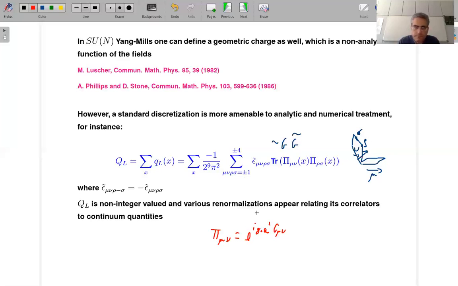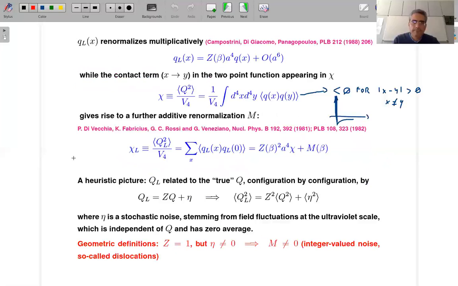Thank you. I also have a quick question more related to the first part of the lecture. That is, when you introduced these 2 renormalizing constants that you called Z and M. If I understood correctly, it's the M constant that is more related to the ultraviolet divergences, because it's related to the contact term in the susceptibilities, while this Z is more related to the fact that both of them actually are related to the ultraviolet fluctuations.